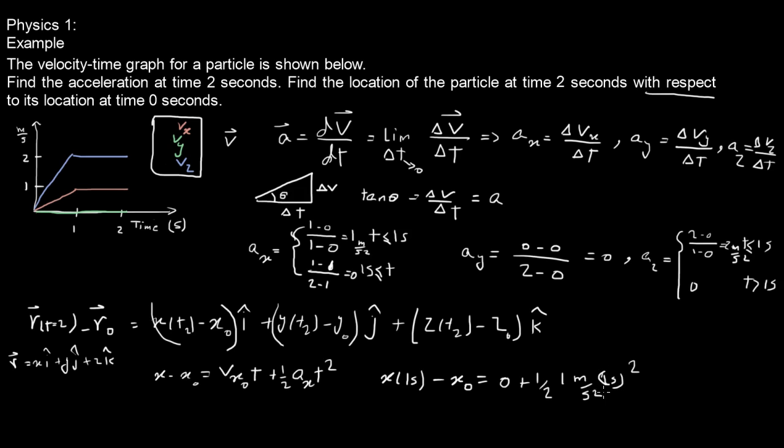So basically this second square and this cancel out, it gives me 0.5 meters or half meters.